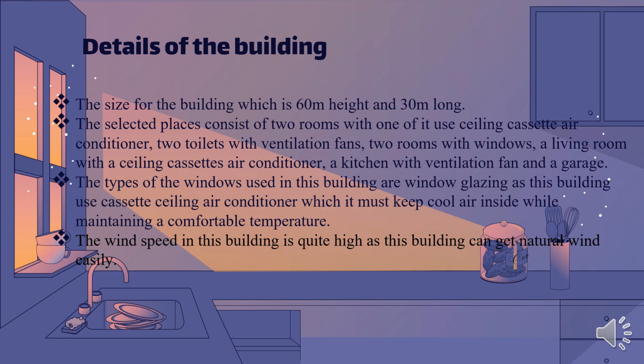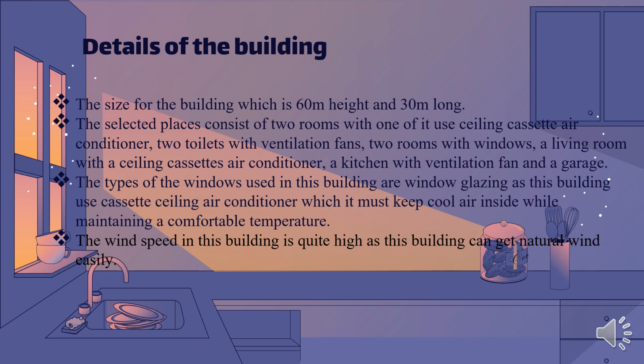The selected places consist of 2 rooms with one of them using a ceiling cassette air conditioner, 2 toilets with ventilation fans, 2 rooms with windows, a living room with a ceiling cassette air conditioner, a kitchen with a ventilation fan and a garage.